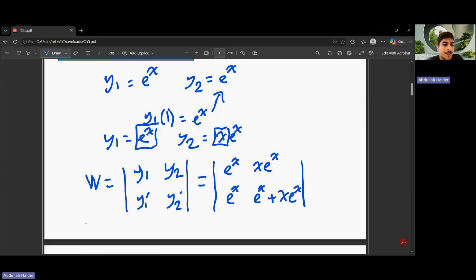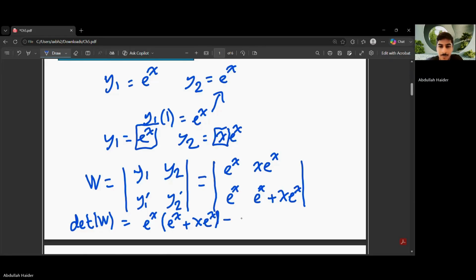When you calculate the determinant of this Wronskian, you'll get e power x times (e power x plus x e power x) minus x e power x times e power x.